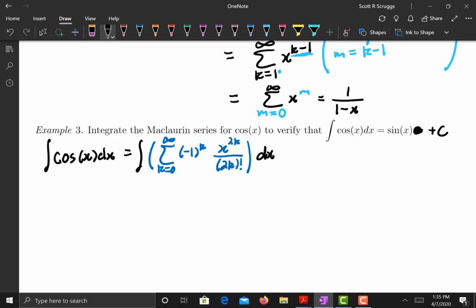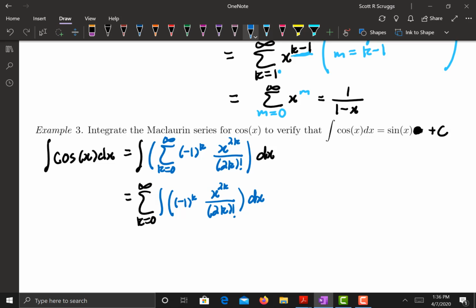Since that is just a power series, I can move the integral inside the series to take the sum of the integral of negative 1 to the kth power, x to the 2k power divided by 2k factorial dx.